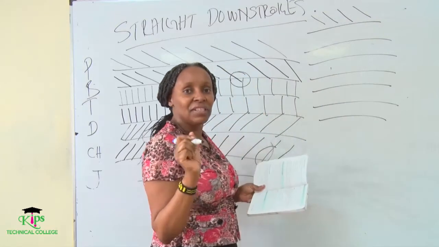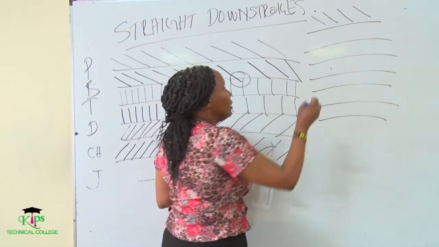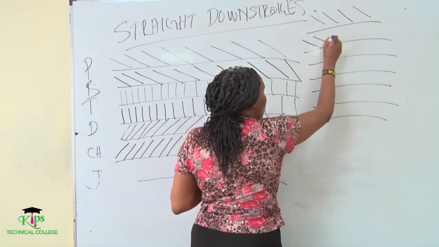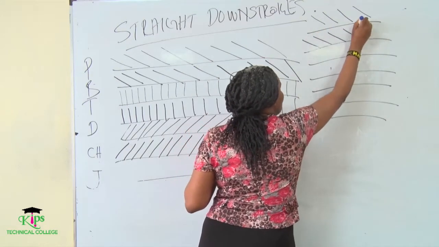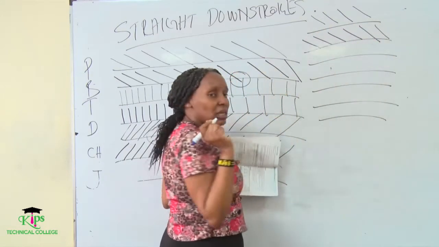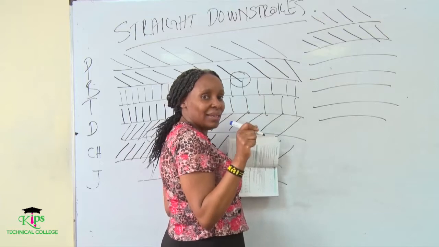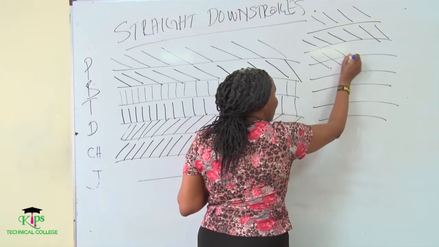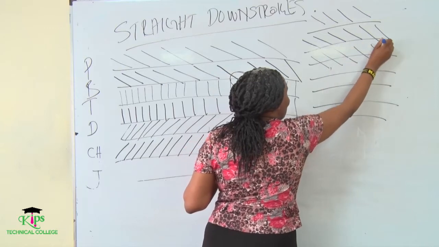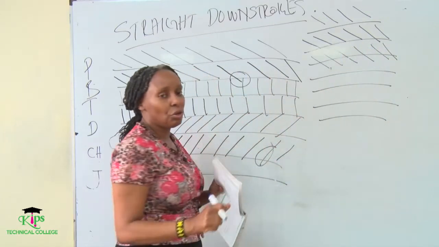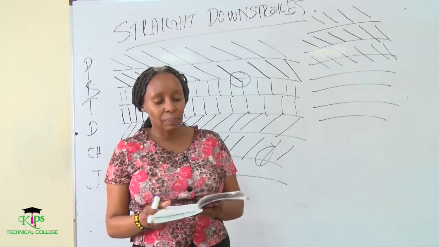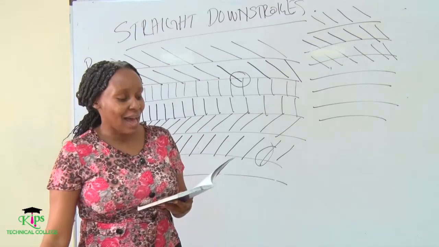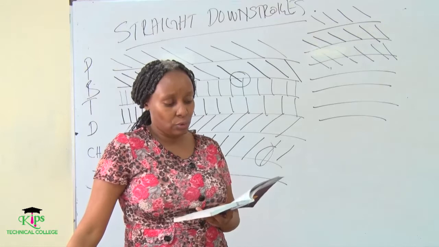If it comes on the line, it means it is second place or second position. If it goes through the line, it means it is third place or third position. So we've got 3 positions.